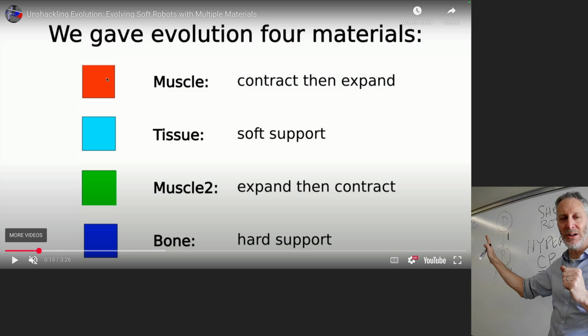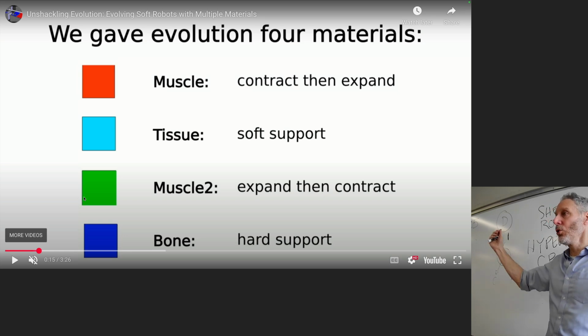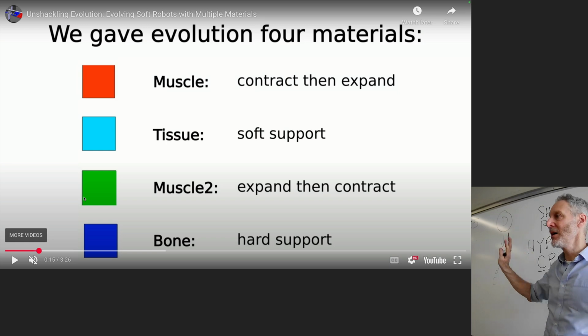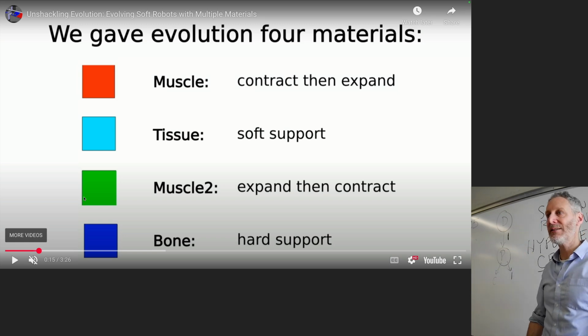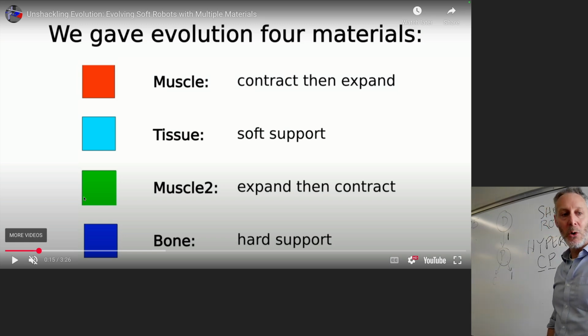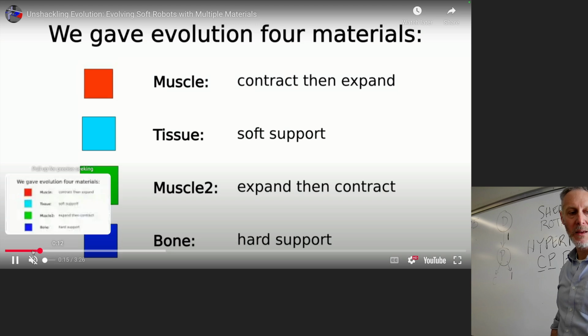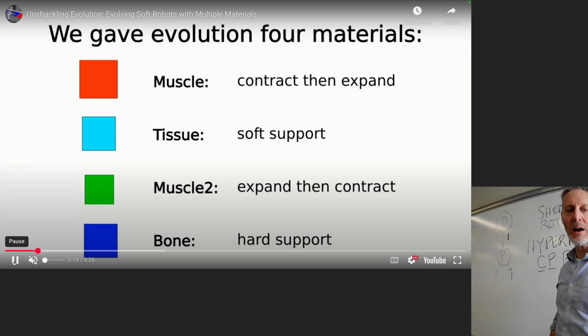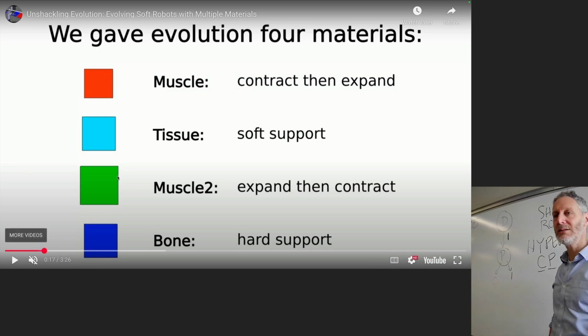You're going to see this in the video in a moment. All the green voxels pull on their neighbors at the same time and push on their neighbors at the same time. So we have 2 different types of muscle, muscle 1 and muscle 2, that are in antiphase to one another. This is a bit of a biophysical detail that we've actually mentioned in this course before.